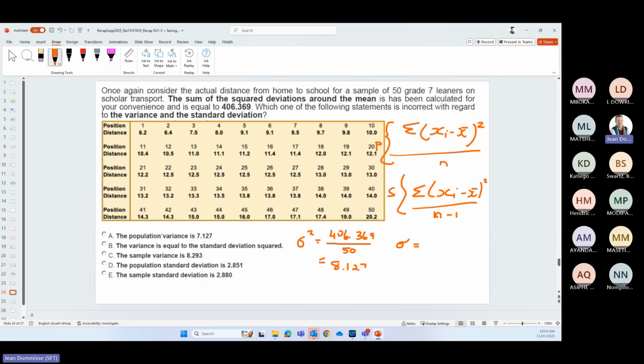Population variance. Okay, so they made a mistake with that one. It should be 8.127 and not 7.127. So if we then take the square root of that to get to your standard deviation, we get 2.851.